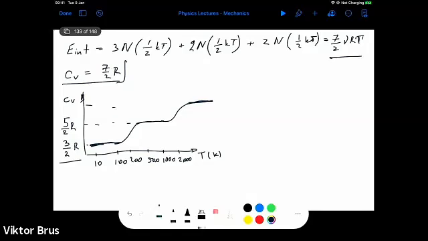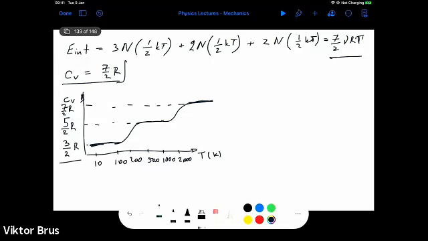And this will be 7/2 R. So in this case, we already have full contribution of possible kinetic energy types of the atomic system, which is translational, rotational, and vibrational.